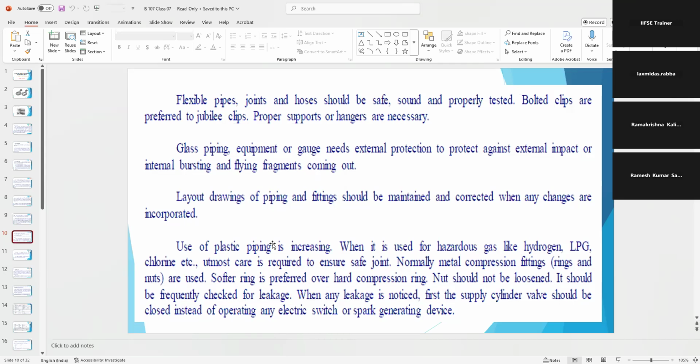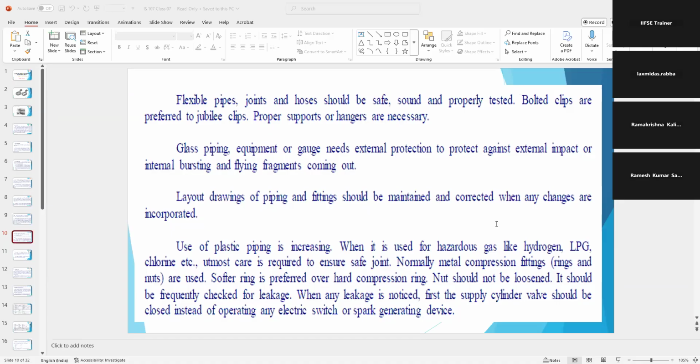When any leakage is noticed, first the supply at the cylinder valve should be closed, instead of operating any electric switch or spark-generating devices. So it's a basic thing: whenever any leakage happens, you should shut off the supply before switching off any lights. Even with our home appliances, sometimes we unknowingly forget a leakage, or forget to shut off when spills happen while cooking.